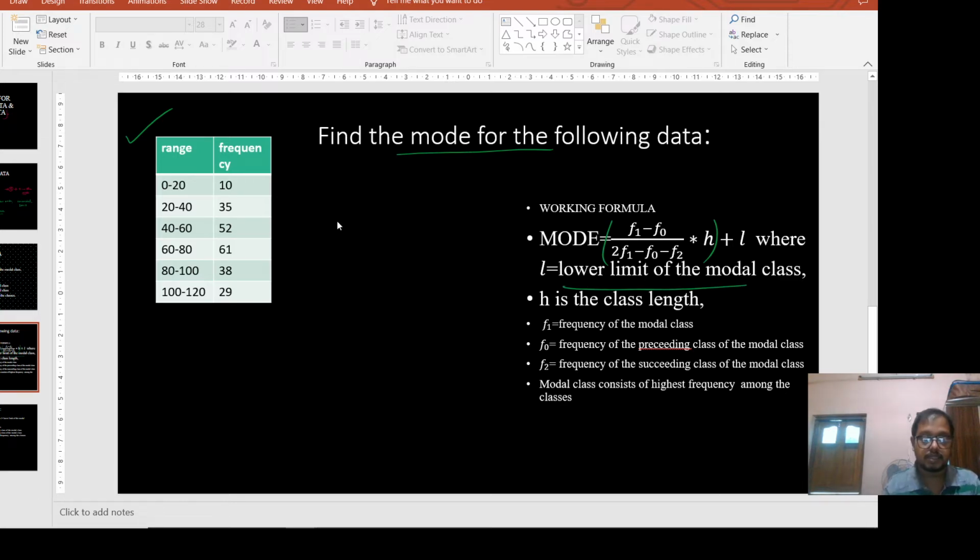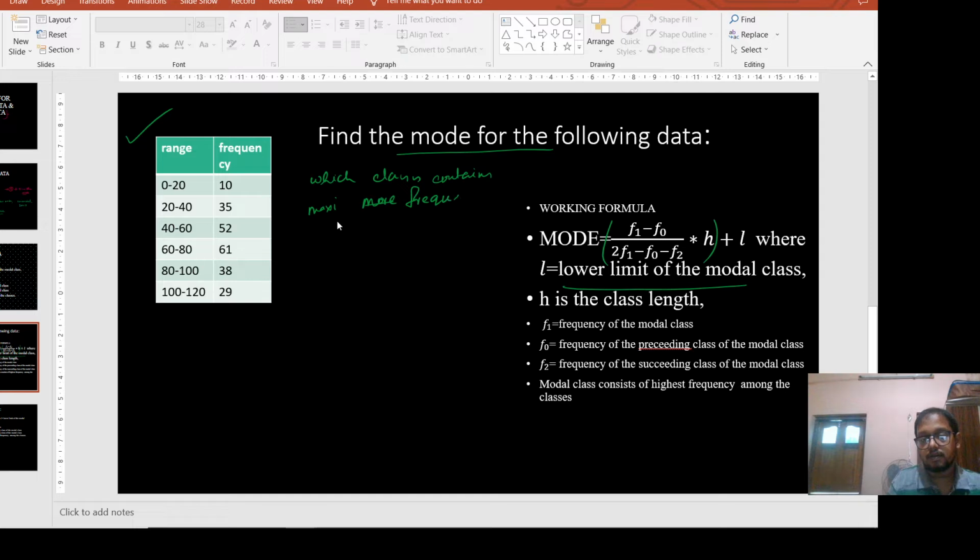So now the question is how can we find the modal class? Here also, first you have to check from the table which class contains the modal frequency, or the maximum frequency.